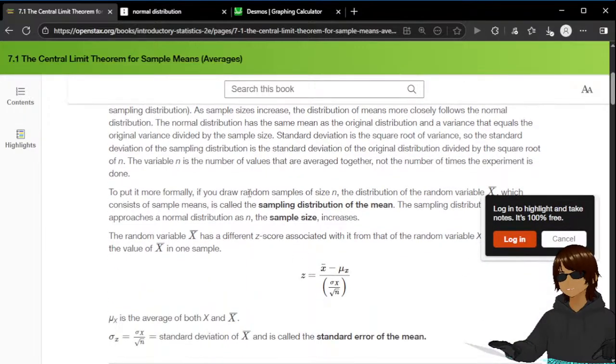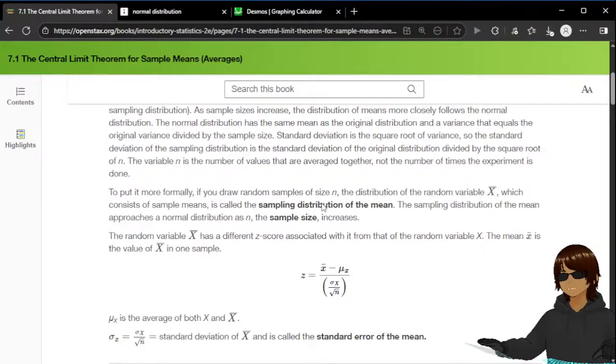Put it more formally, if you draw random samples of size n, the distribution of the random variable, which consists of sample means, is called the sampling distribution of the mean. The sampling distribution of the mean approaches a normal distribution as n increases. The random variable x bar has different z scores associated with it from that of the random variable x. The mean is the value x bar in one sample.